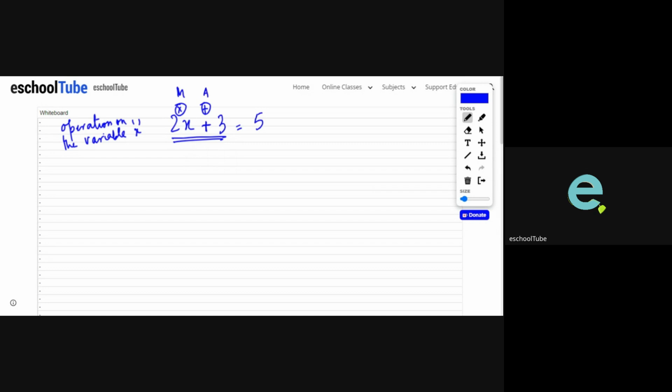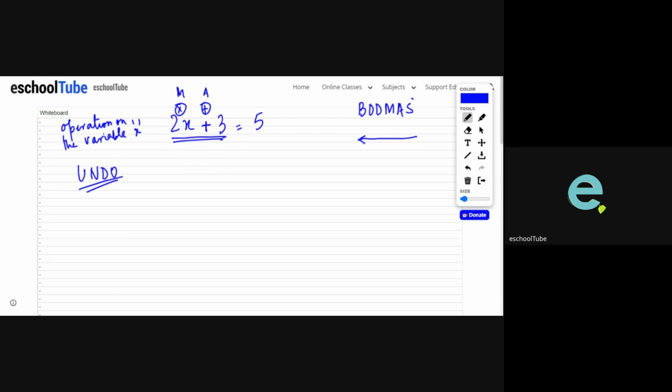When you're doing some operation, we followed the rule of BODMAS. And when you undo, how will you find the value of x? You will undo the operations. और undo का sequence क्या है? You will start in the reverse order.